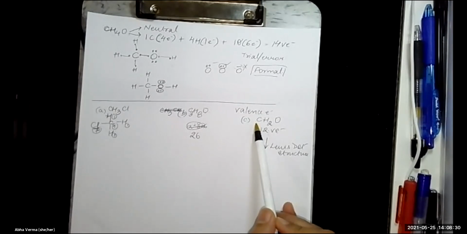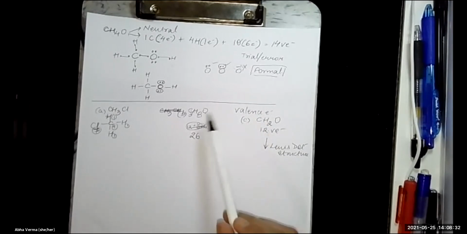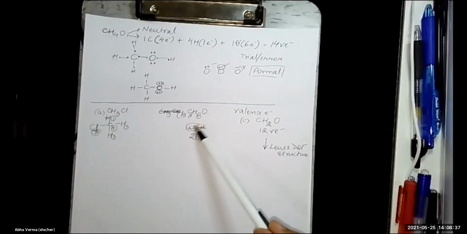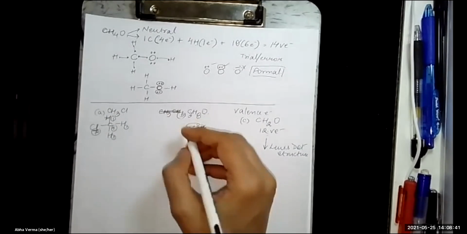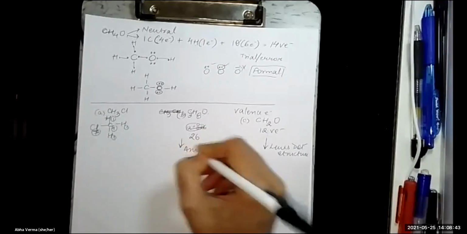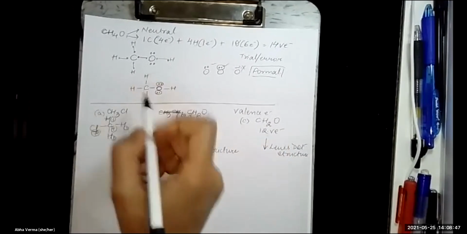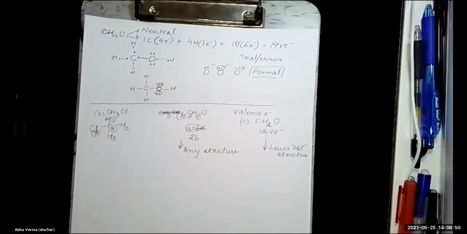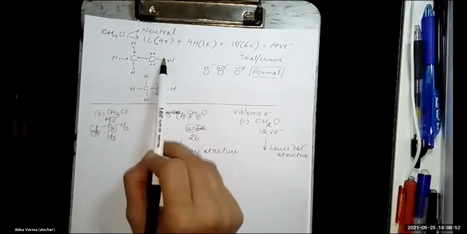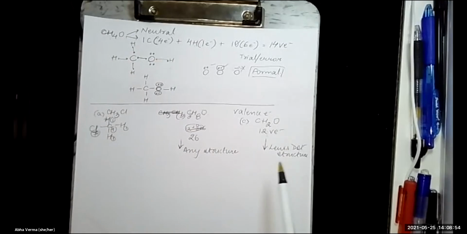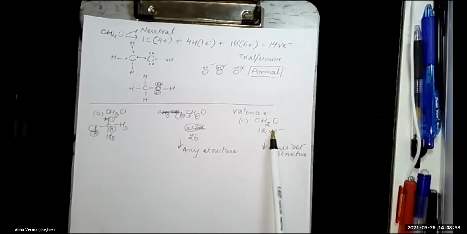If you're done with the Lewis dot structure of this, you can go ahead and do any structure for this. It does not have to be a Lewis structure. For B, you can draw any structure you would like. So this is the Lewis dot structure example, and I want you to do the Lewis dot structure example for this molecule also.